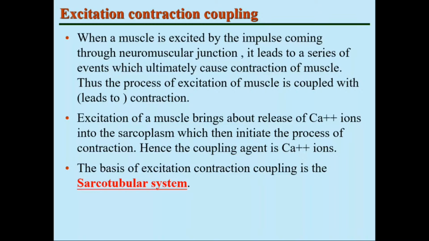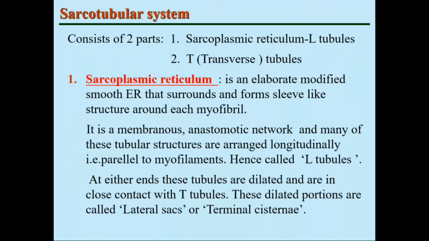Now the basis of excitation contraction coupling is called the sarcotubular system. The sarcotubular system consists of two parts. One is the sarcoplasmic reticulum, L tubules, L for longitudinal.